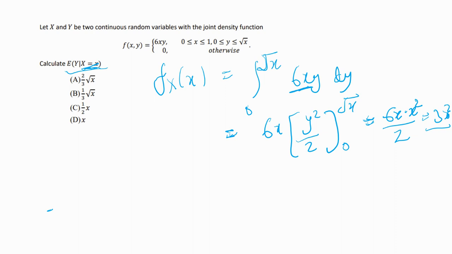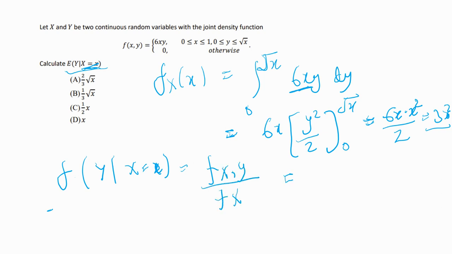Now, to find the expectation of y given x is equal to x, what do we need to find? The f of y given x is equal to x. So f of y given x is f(x,y) divided by f(x). This one is 6xy divided by 3x square, so it will be basically 2y upon x, right?